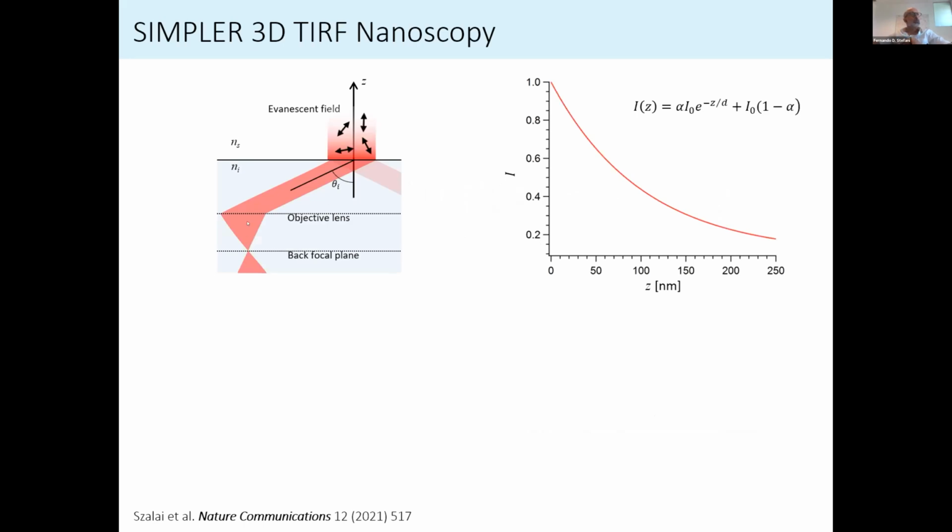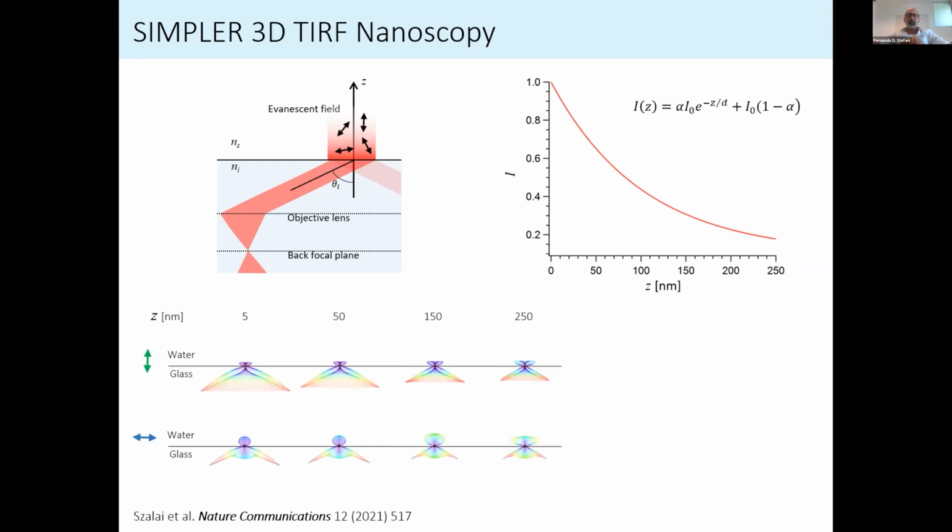So you know when you do TIRF microscopy, you illuminate your sample with angles of incidence higher than the total internal reflection angle, and therefore the illumination light doesn't propagate inside the sample. Instead, you have a decaying intensity. So your illumination decays exponentially into the sample. This is well known, and this is the key phenomenon that gives TIRF microscopy this surface sensitivity.